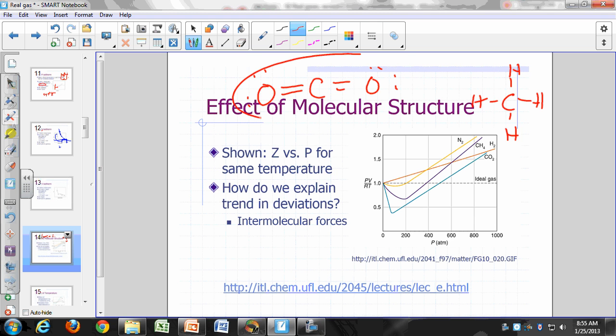So among carbon dioxide molecules, you're going to have stronger London dispersion forces compared to dispersion forces between methane molecules. So stronger attractive forces, you see a bigger dip than molecules that have weaker attractive forces. Okay. And you'll see H2 is the smallest of these nonpolar molecules. That doesn't even dip at room temperature.